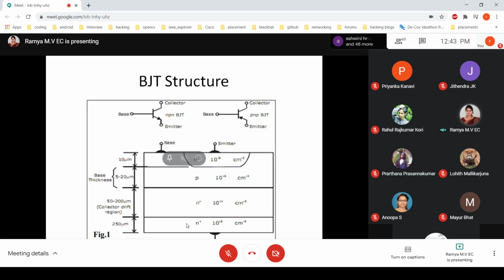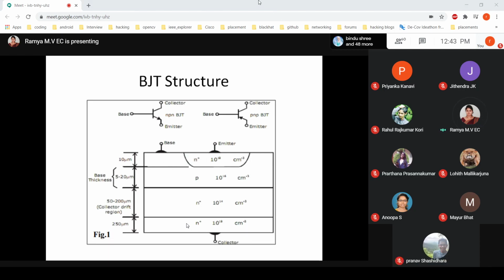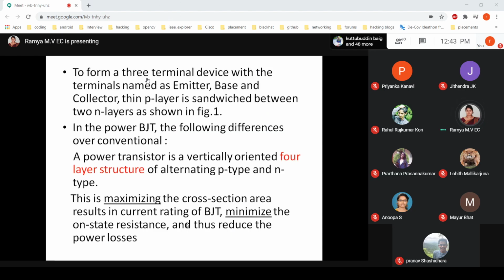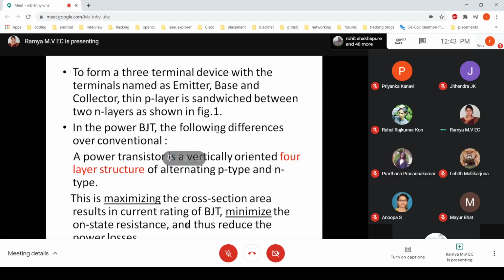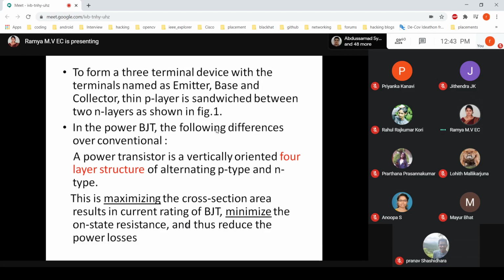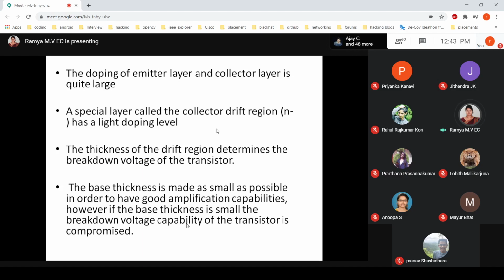Then we have one more layer called the collector drift region, which is very lightly doped. That works to get a maximum current rating, which minimizes the on-state resistance, with a vertically oriented structure.